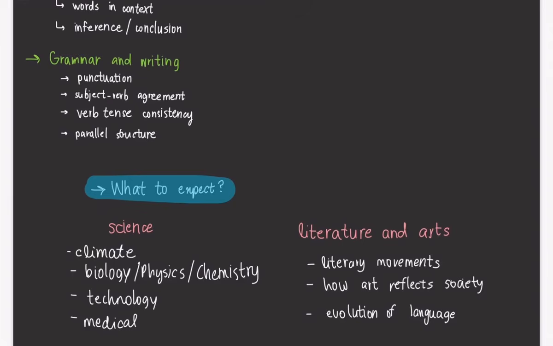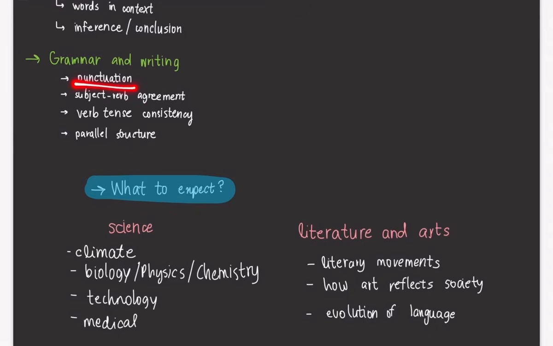Within grammar and writing, there are certain subtopics that, if you focus on separately, you can easily pass the grammar portion, because it is just a set of rules and some practice questions that give you the overall idea of how to navigate this portion.